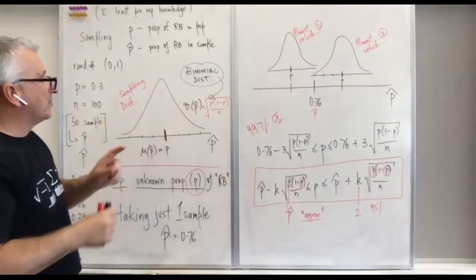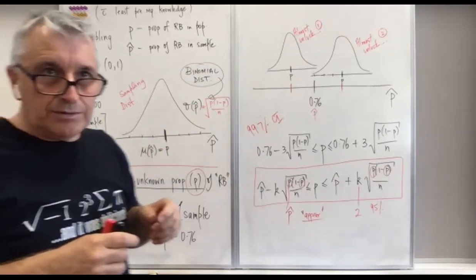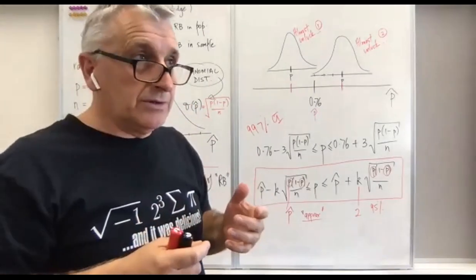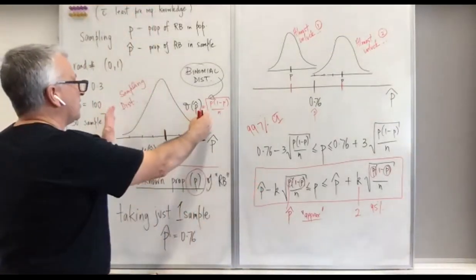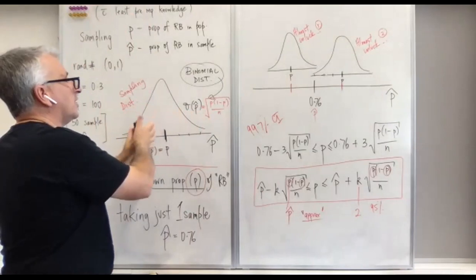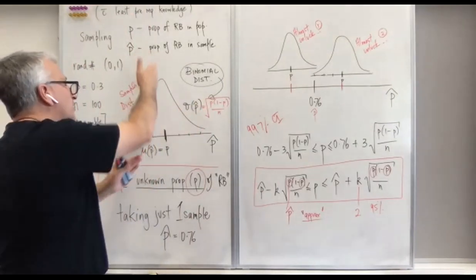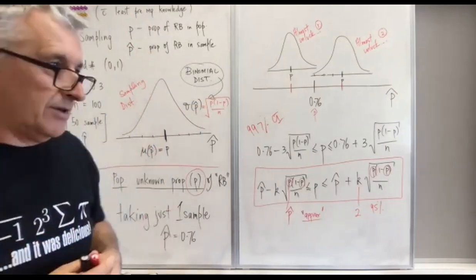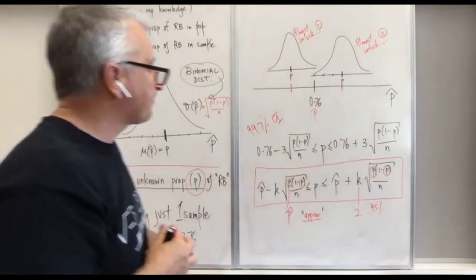And of course, that makes perfect sense, because if n was in fact the exact number of items in the population, then obviously this thing would, and you'd have no variability in the value, and you would actually get that population proportion with that one sample.